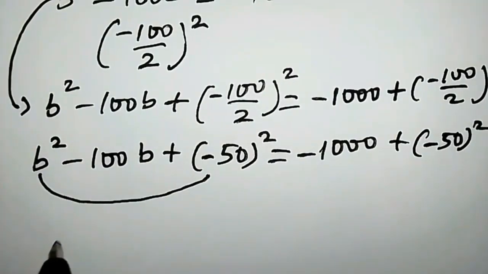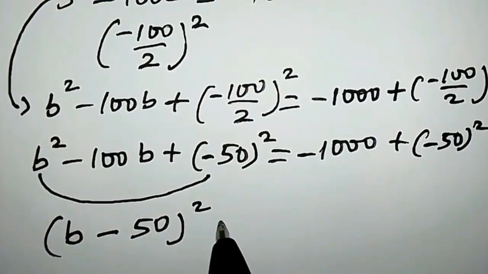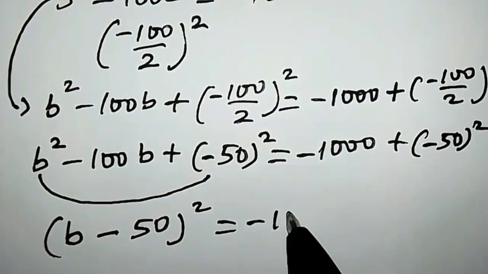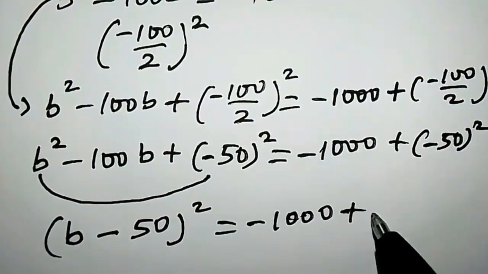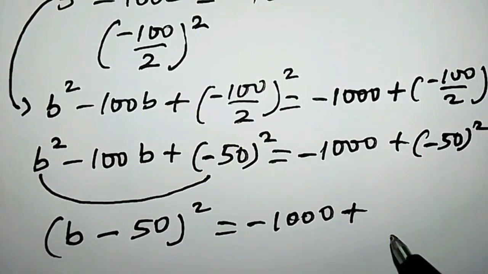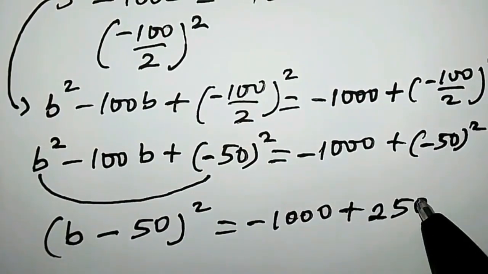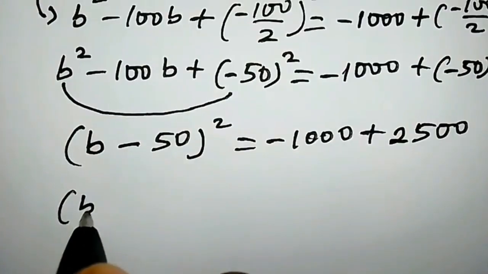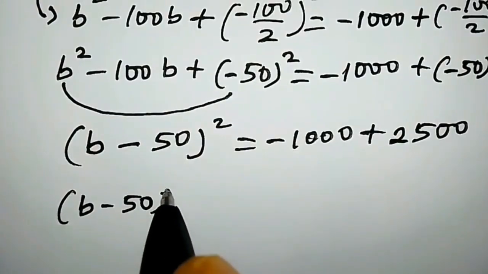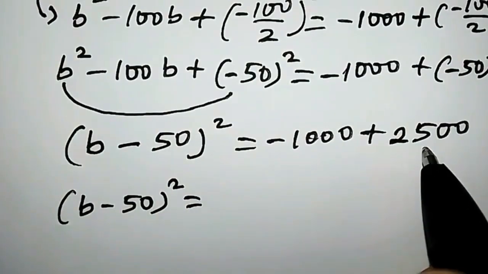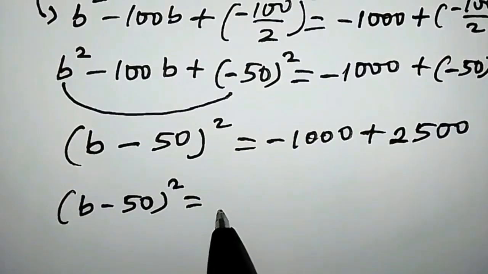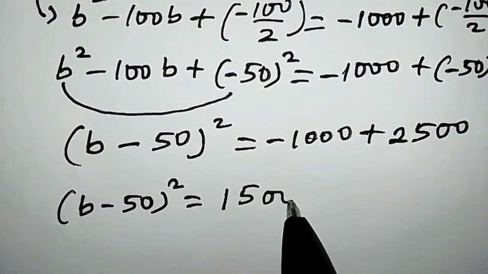If we do so, we have (b minus 50) all squared equal to minus 1000 plus (minus 50) all squared, is 2500. So we have (b minus 50) all squared equal to 2500 minus 1000, that is 1500.